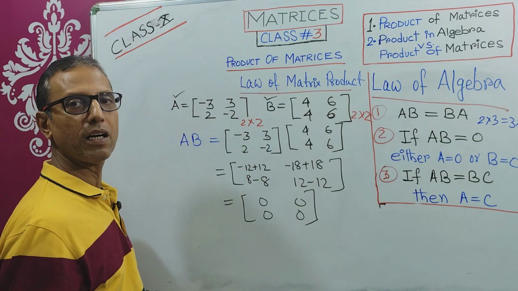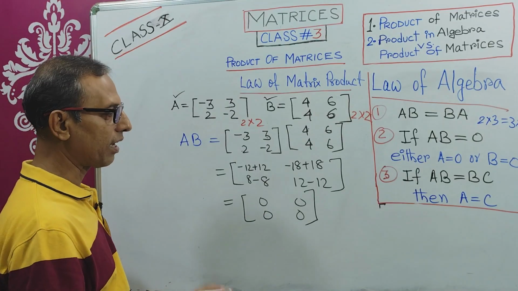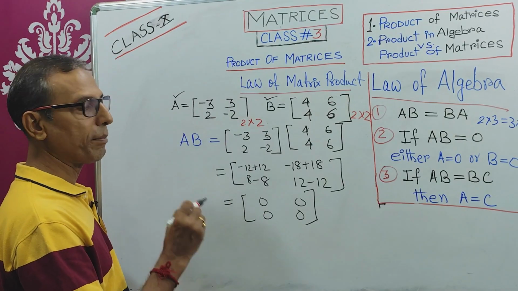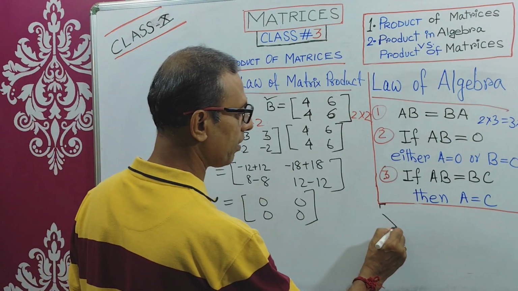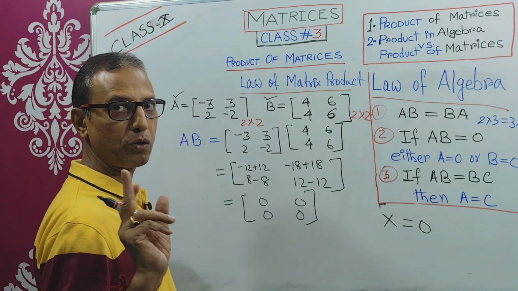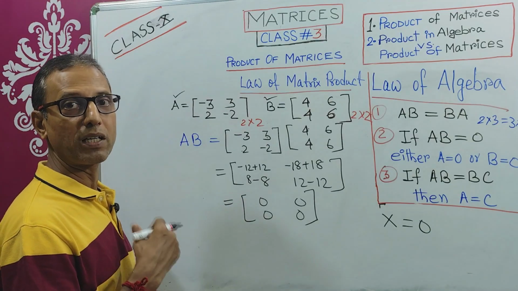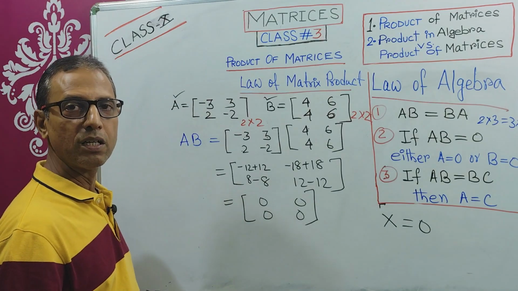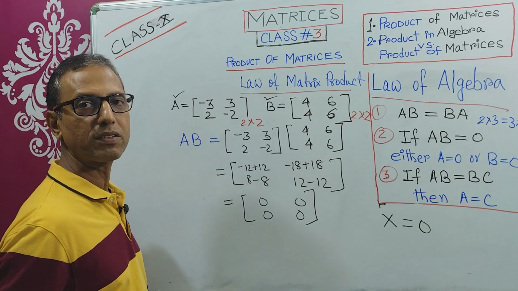I have explained it in the second class. In case of a matrix, if it is 0, that means it's a null matrix. A variable being 0 means one value is 0, because we can store only one value in a variable, but in matrices, we can store multiple values. So if a matrix is 0, that means it's a null matrix, that means all the elements in that matrix are 0.